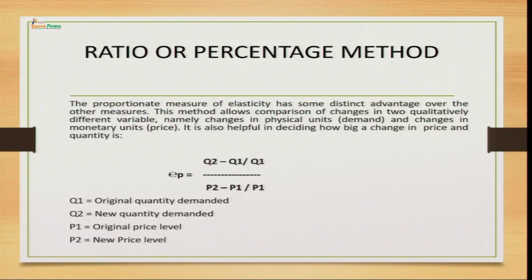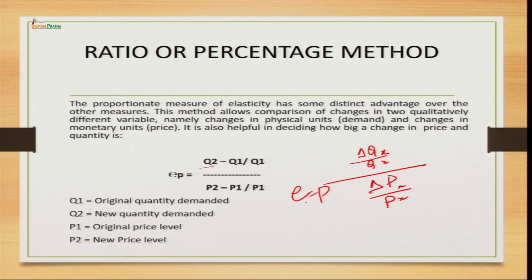This is how we write it: Q2 minus Q1, that is the new quantity minus the previous quantity, upon Q1, whole upon P2 minus P1 divided by P1. P2 is again the new price, the changed price, and P1 the previous price. This we can also write as delta Q upon Q, over delta P upon P, and we are talking about the price of the same commodity.